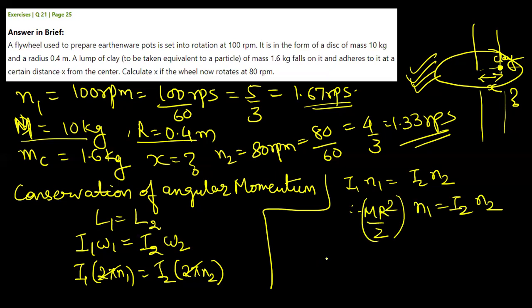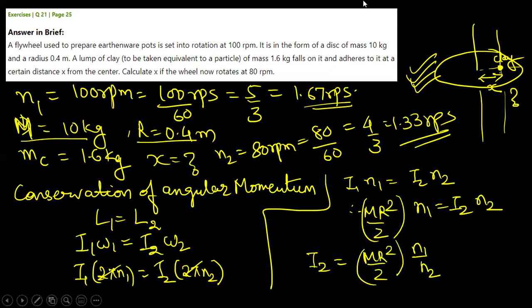So I2 will be equal to mr² by 2 into n1 upon n2. When you solve this, you get the value of I2. I'm not substituting the values and showing it, you can just substitute and check.